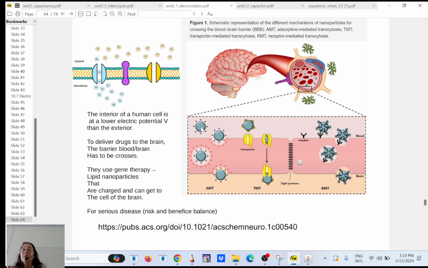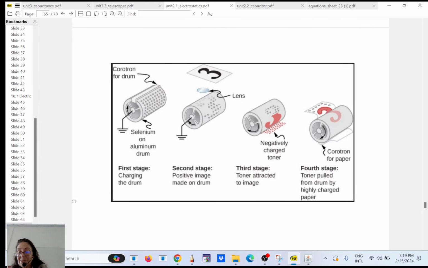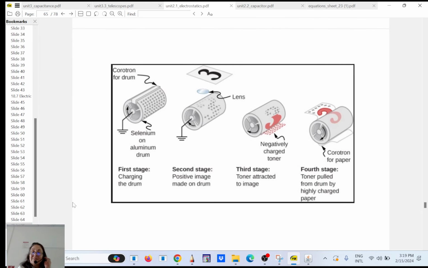It's very important. So anyway, anything fat wants to go to the brain, and plus here it's being positively charged. So that's how it can cross the brain barrier. So I don't know the details, okay? All I know is that electrostatics is involved. If you want to have more details, you can do your research about AMT. Is that clear? And here I have no clue what's happening. You need to ask your biology professor.